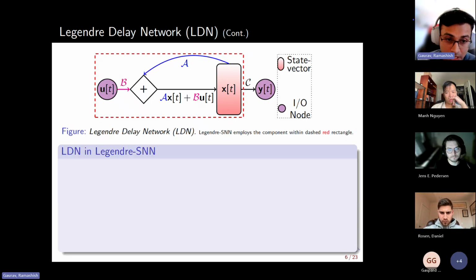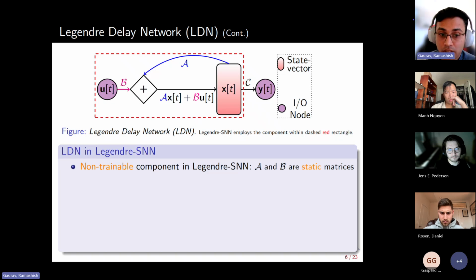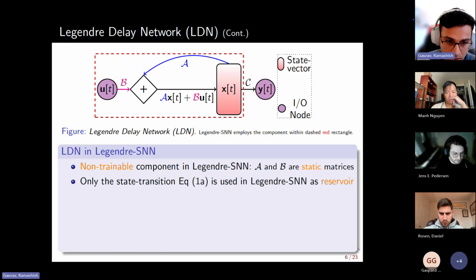Okay, the LDN in Legendre-SNN is a non-trainable component, and hence it's called the reservoir here, where the A and B matrices are static. You do not train them. And only the state transition equation 1a in the previous slide, just this particular equation, is used in the Legendre-SNN as a reservoir.